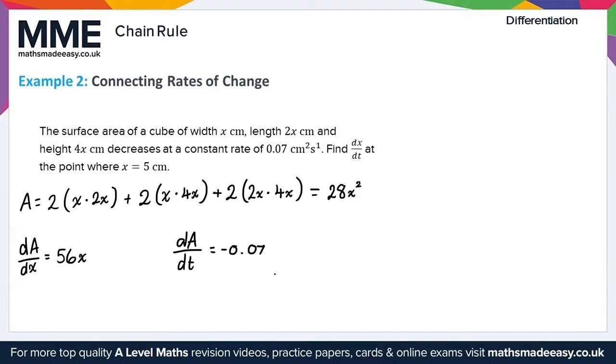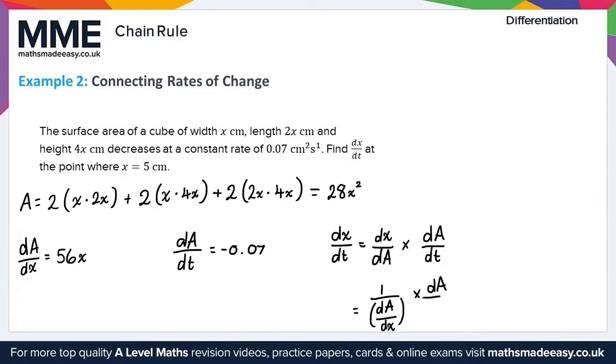Now we use the chain rule to find dx by dt. With the chain rule, dx by dt is simply equal to dx by dA times dA over dt. We can also write this as 1 over dA by dx times dA over dt.